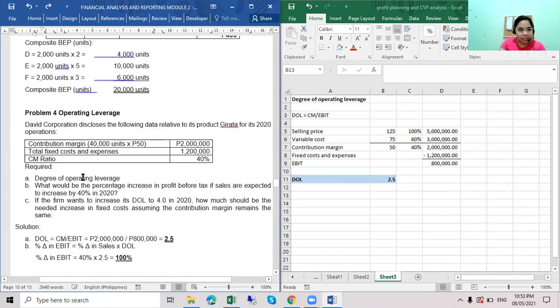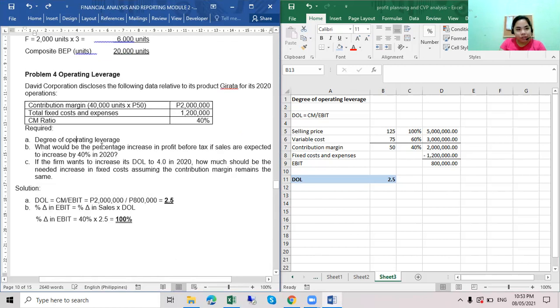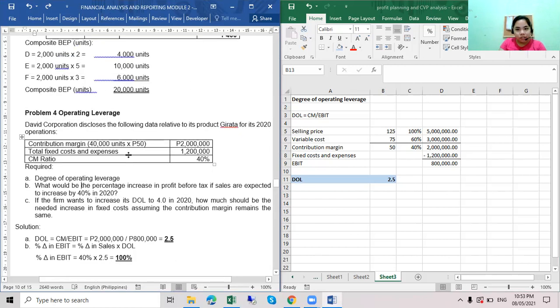Degree of operating leverage. So, ano siya class? Somewhat like the multiplier siya. In muna siyang how sensitive is the profit if there are changes. Same with sensitivity analysis class, no?